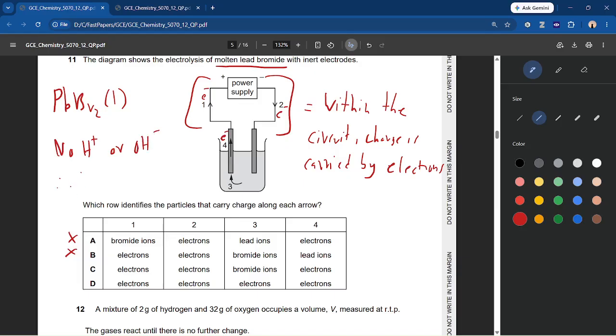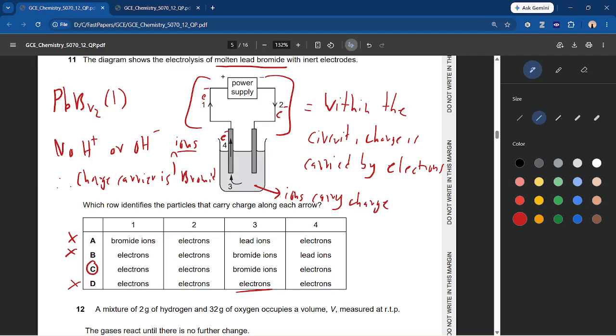So the charge carrier is ions. So because it's going to be ions, it's going to be C. And we're going to cross this out because this says electrons over here. Because over here, there are no electrons being liberated. It's just the ions that are carrying charge. Over here, ions carry charge.